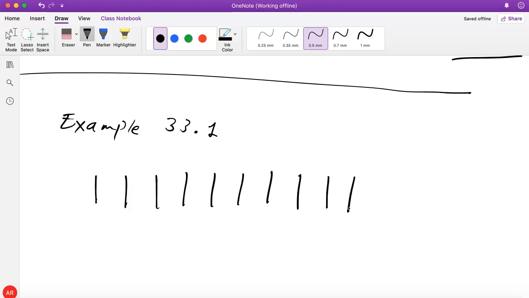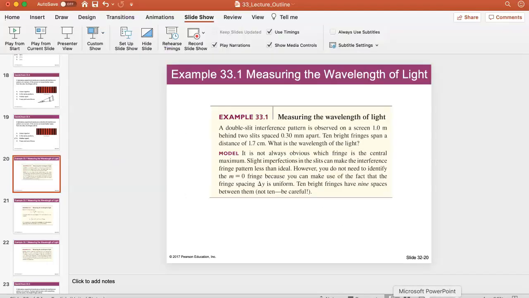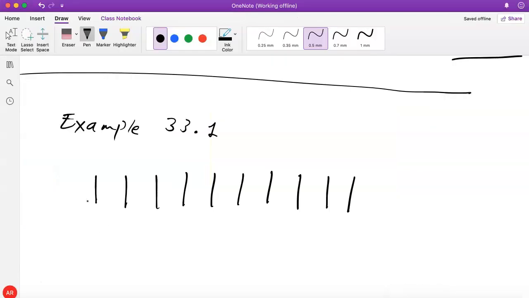These are the bright fringes we see. And the problem says they span a distance of 1.7 centimeters. So from here to here, I have 1.7 centimeters. So what is the spacing between these fringes?